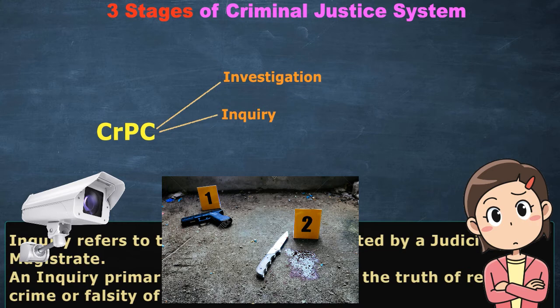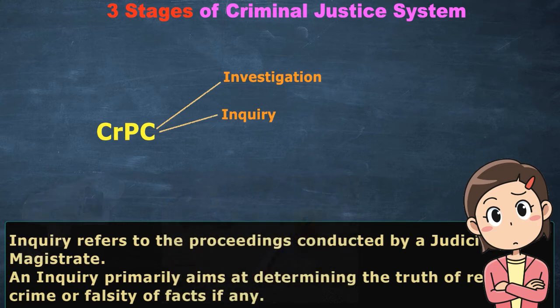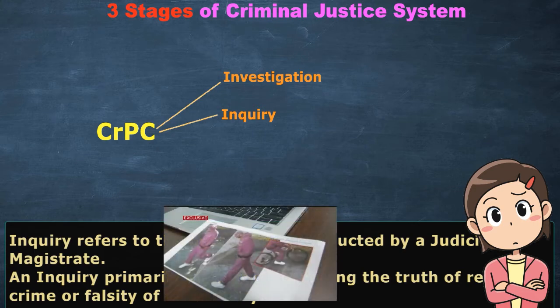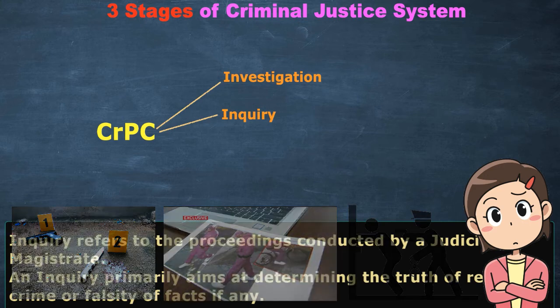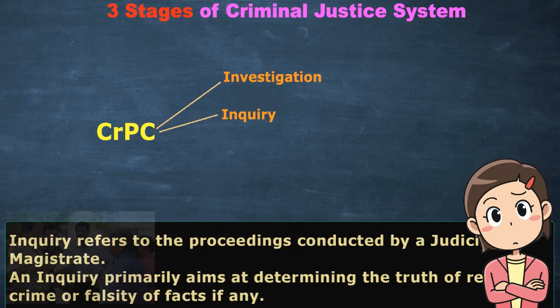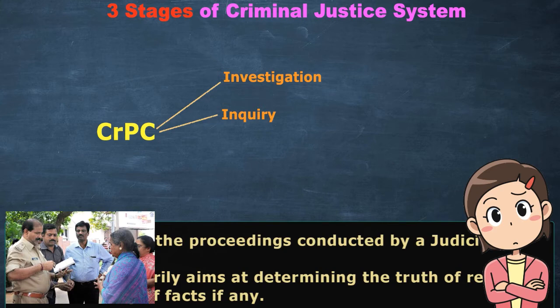After that, the next step is discovery and arrest of the suspected offender. If he finds something concrete that makes him believe this is the accused and he has a certain amount of proof against him, then he can arrest that suspected offender. After that, the next step is collecting the statements of witnesses.